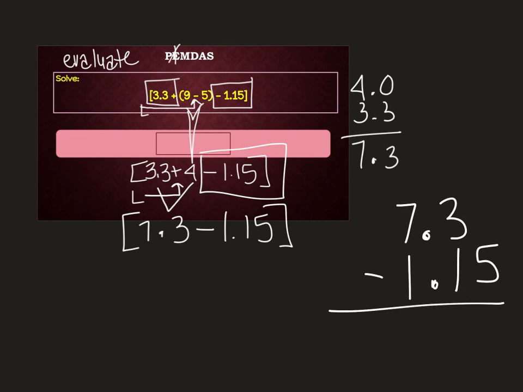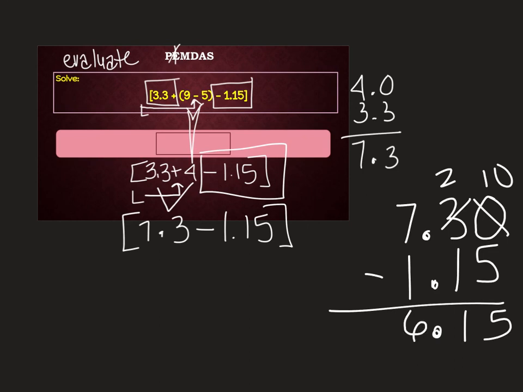And since I am subtracting, it follows the same rule as addition with the decimal. They have to be lined up. And so I'm going to bring the decimal straight down. And since there's no digit next to the 3, I'm just going to put a 0 to make it easier for me. 0 minus 5, I cannot do that, so we'll regroup from this 3, and this becomes 10. 10 minus 5, 5, 2 minus 1 is 1. 7 minus 1 is 6.